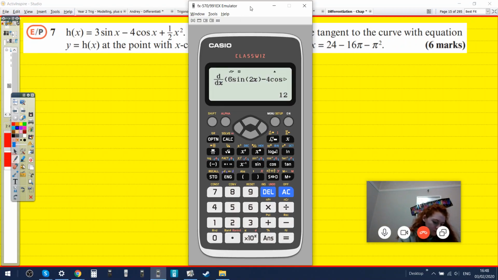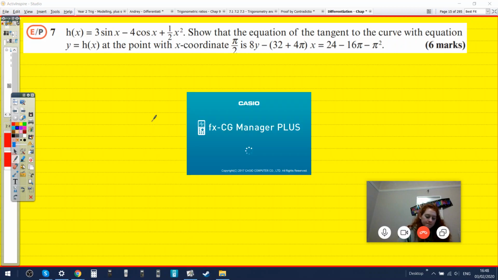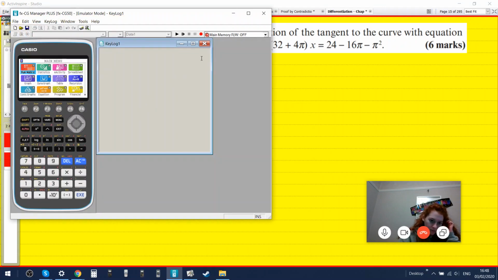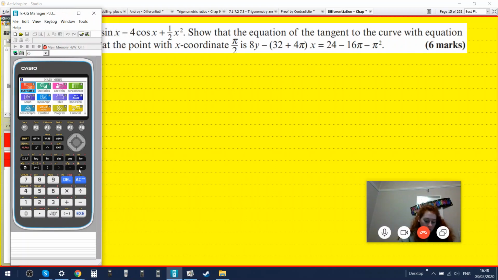Is yours graphical? Yeah. So I'll switch to graphical. I think it's math and then d by dx. So 1 for a matrix, F4 for math, and then d by dx.